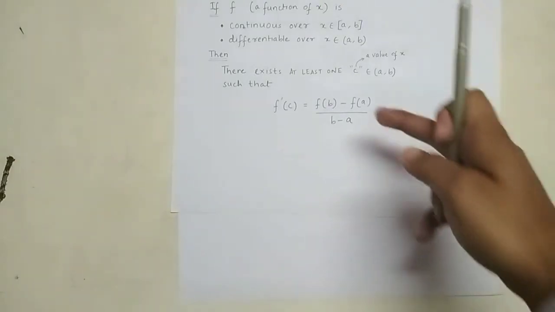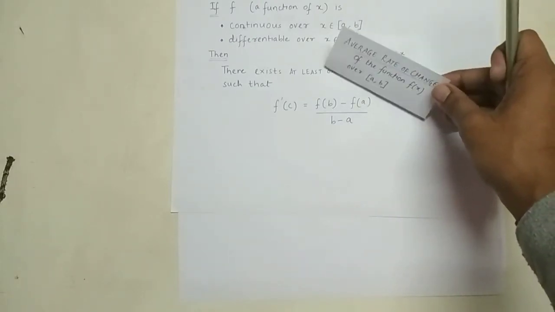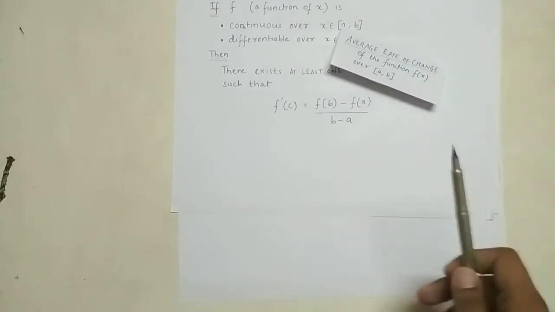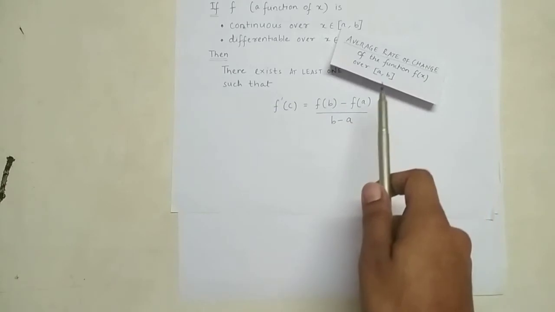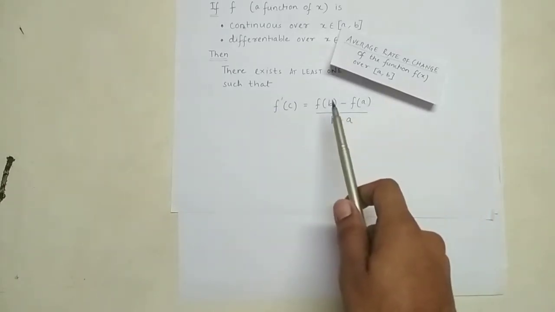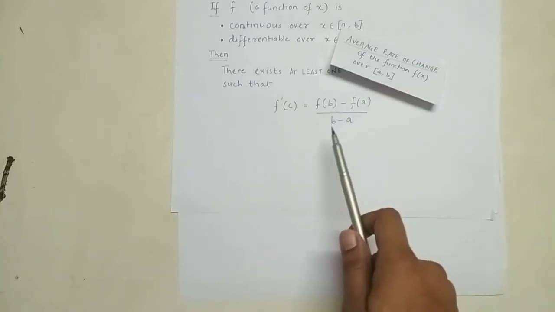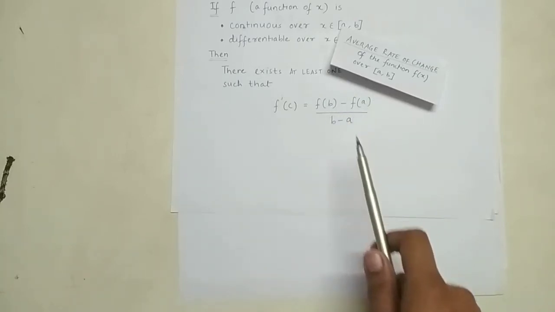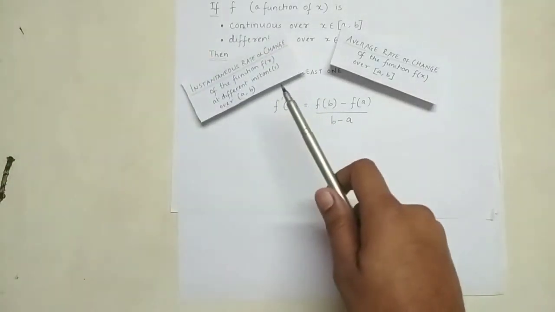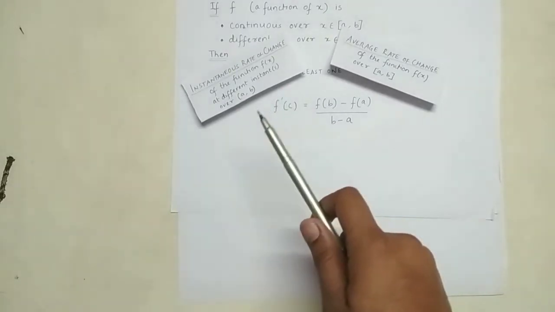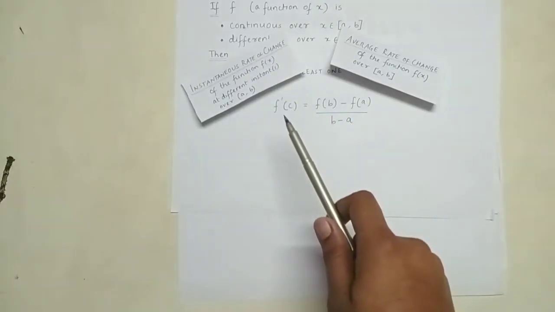If you look at the right hand side of this expression carefully, you will realize that all that is written here is the average rate of change of the function f(x) over the interval [a, b], which is given by the change in output, f(b) - f(a), over the change in input, b - a, equals the instantaneous rate of change of the function at different instants over the interval [a, b]. We know that the instantaneous rate of change is given by the derivative.